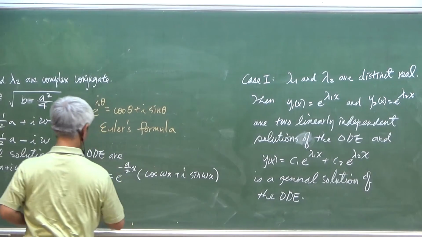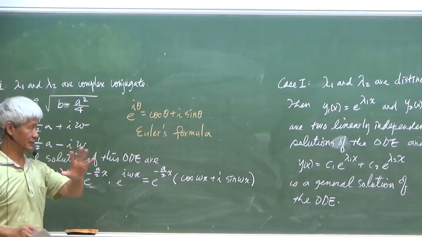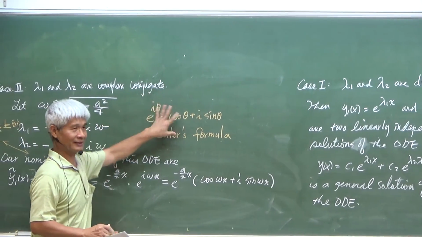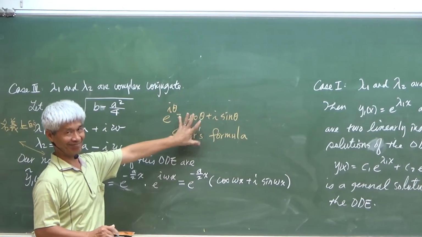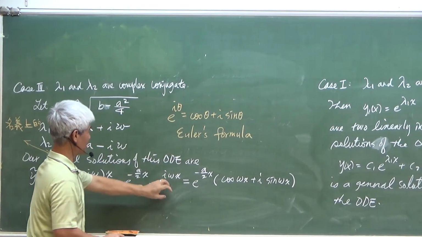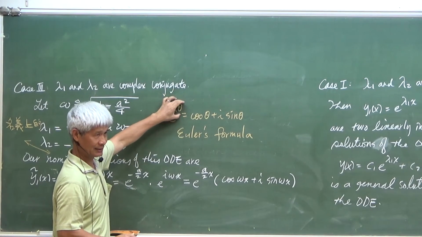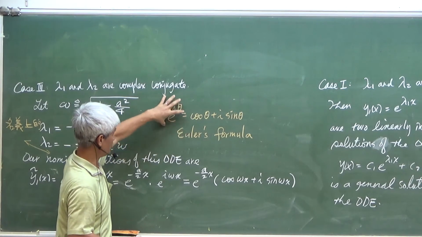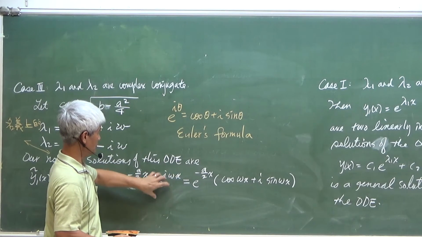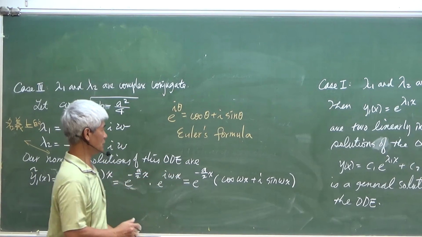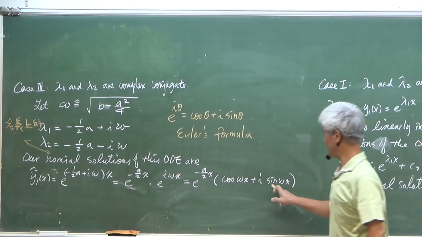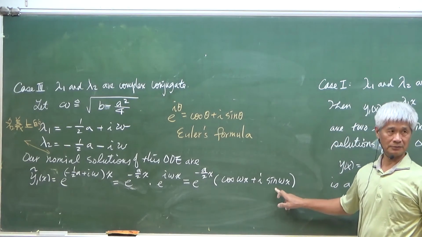Okay, so now just believe me, this formula is correct. So this is just omega x, like the theta. So you can turn these exponential functions into the real part and the imaginary part.